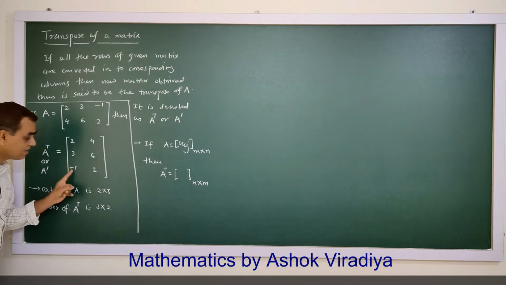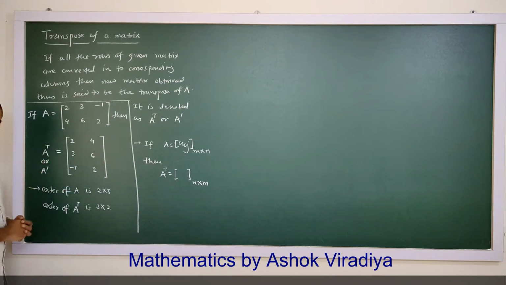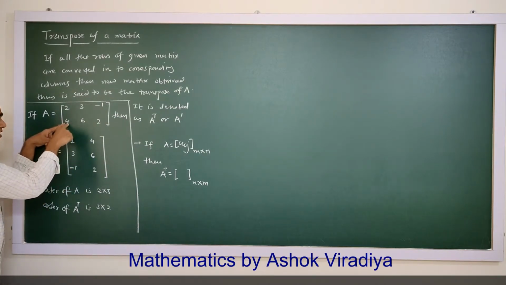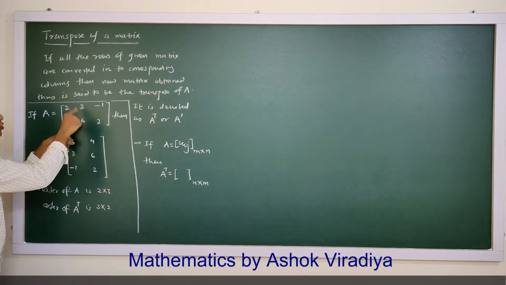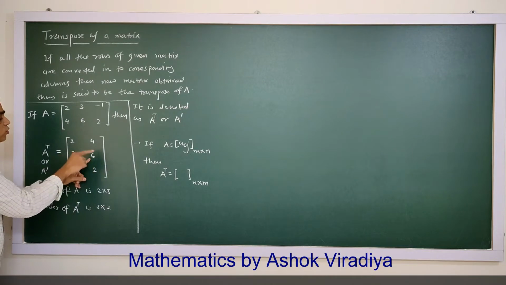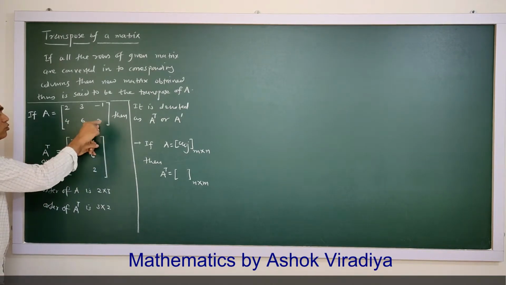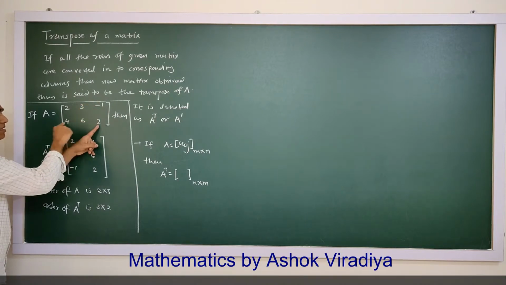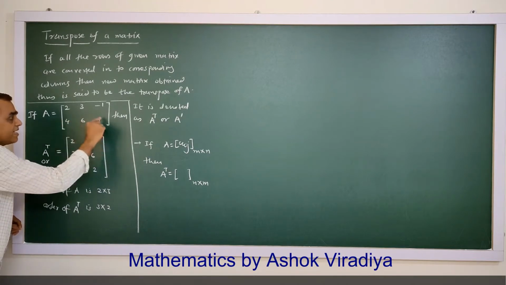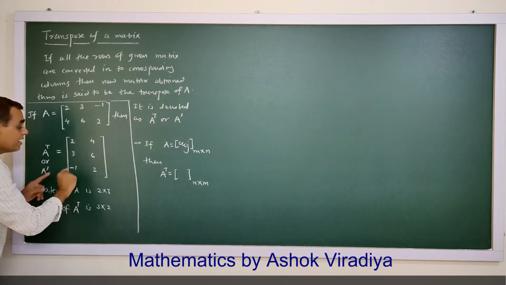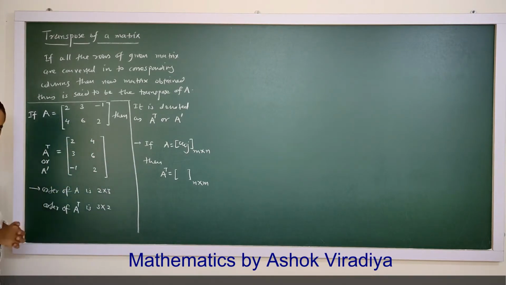So A31. So A13 is A31. A21 is A12. A22 is A22. A23, this element is in second row, third column, and here it is in third row, second column. So A23 is here A32.